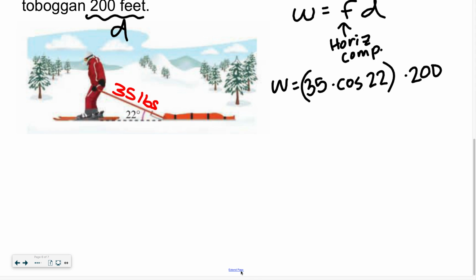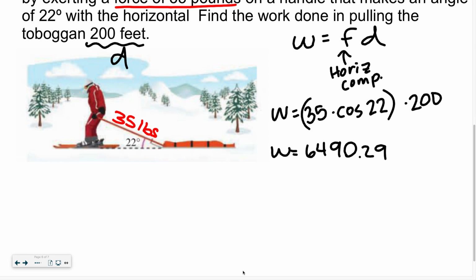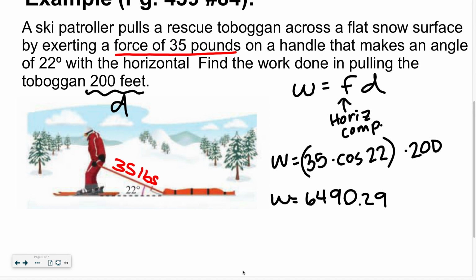So 35 cosine 22. If your calculator opens a parenthesis, make sure that you close it there, and then times 200. Probably the biggest thing that's different from physics, based on my experiences in years past, is the labeling, because in physics you spend a lot of time using joules and newtons and things like that. So we just use the labels that we have in the vector.